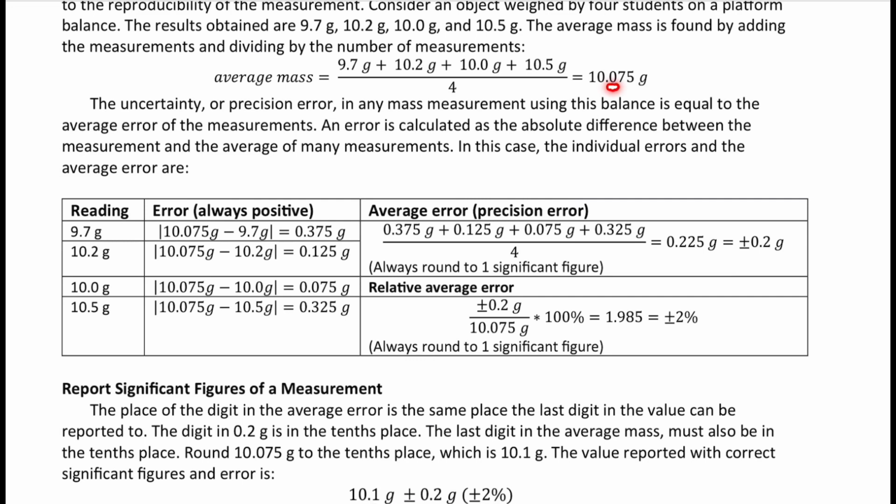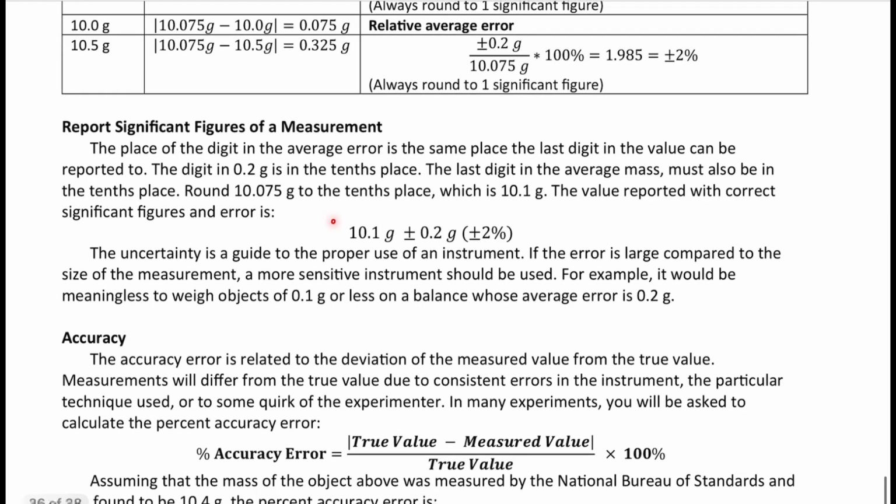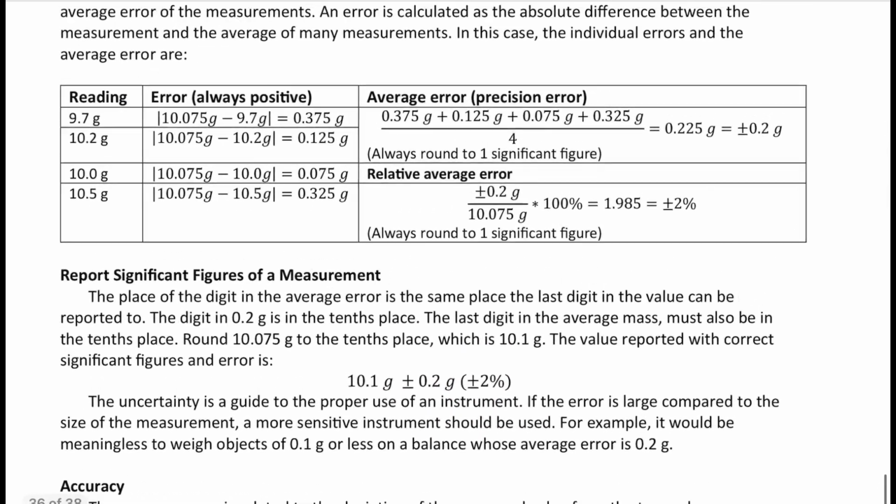So this 0 here is the last digit I'm going to keep. And then we use my rounding rules. I'm going to look at the next digit. It's 7. So I'm going to round this 0 up to 10.1. So when I report my value, I'm going to say that it's 10.1, properly rounded, plus or minus my error, and then I'll also include my relative error. So plus or minus 2%.